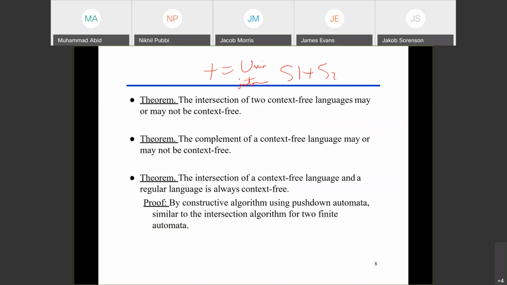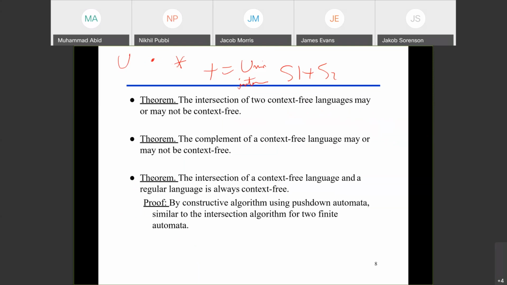So now, what is confirmed? When you perform union, concatenation, or Kleene star of context-free languages, the resultant thing will be, for sure, without any doubt, a context-free language. It will not change the behavior of the language.